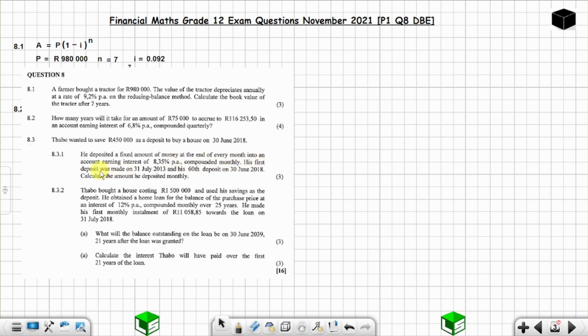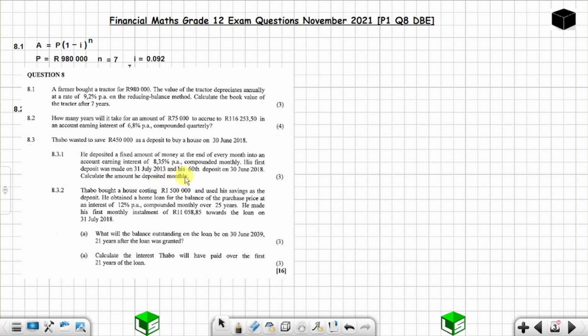His first deposit was made on 31st July 2013 and his 60th deposit on 30th June 2018. Calculate the amount he deposited monthly. 3 marks.